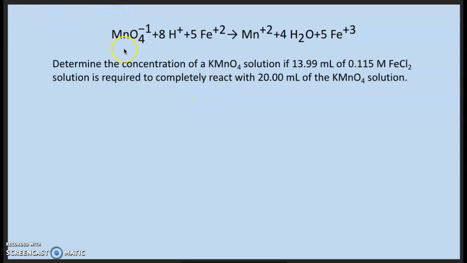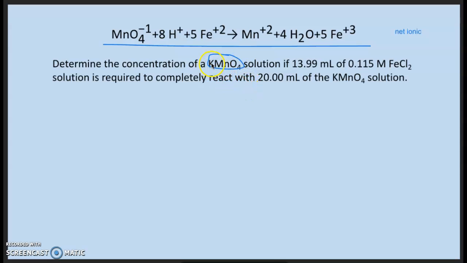Now, when you see problems like these, what I want you to think about and remember is that these equations always are net ionic. And so what we want to do is see what are the net ions in the reactants and how do they relate to what is in our equation.